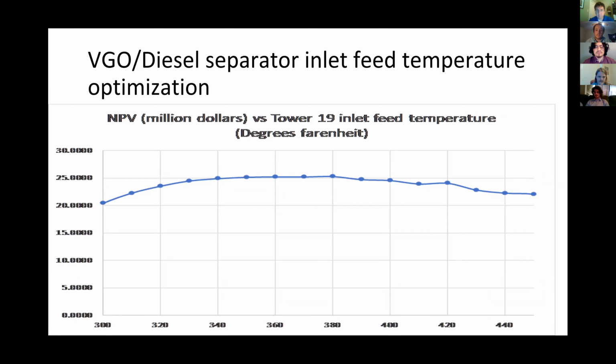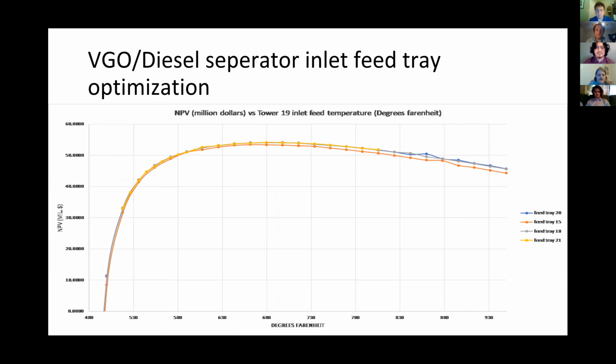And this next slide is just a close-up version of our optimal point. We see an optimal around 360. And so our next thought was, if we're manipulating the conditions of the inlet feed, then that might also be manipulating the optimal feed tray location, because we recall from separations that the Q factor, the vapor percentage of the inlet feed, changes the optimal feed tray location.